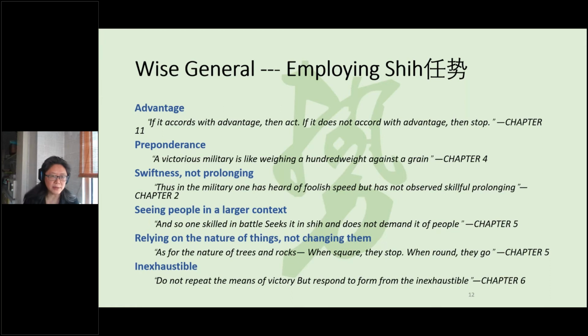Actually, there are six of them: advantage, preponderance, swiftness, not prolonging, seeing people in a larger context, relying on the nature of things and not changing them, and also knowing that shi is inexhaustible, so do not repeat any means of victory. While you can read these lines yourself, I would like to give two simple examples where leaders and leadership roles work.